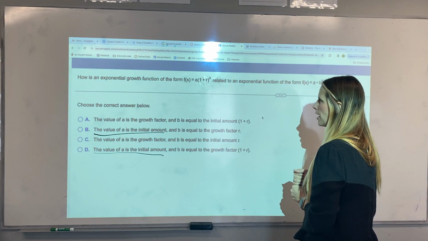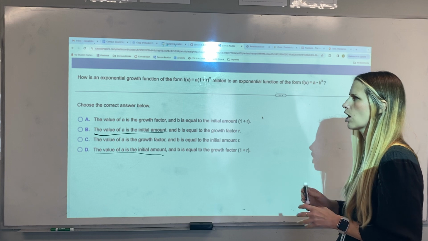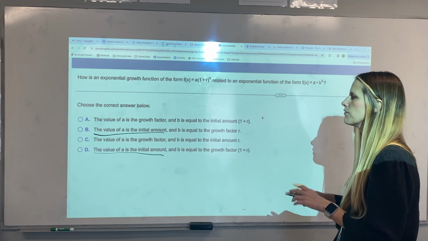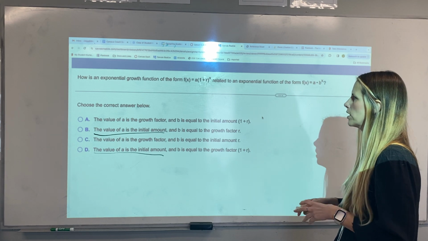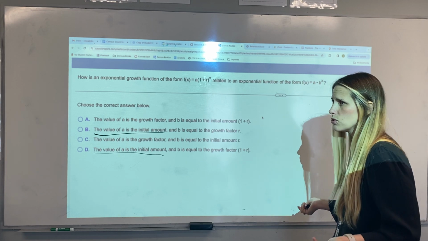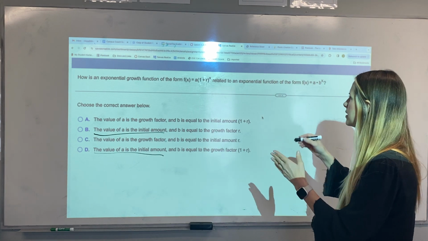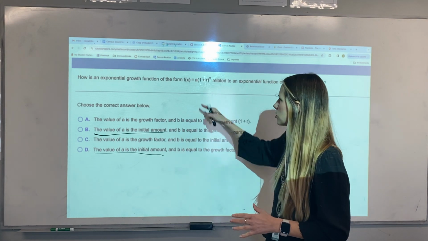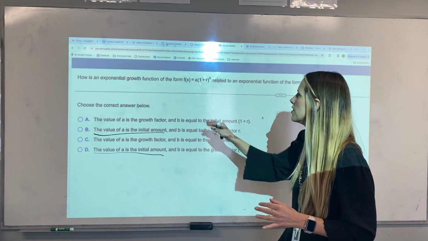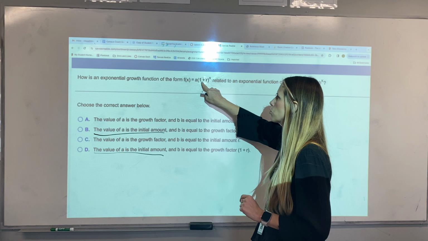This kind of question is really good to practice this understanding, like the language of these formulas, because it really helps us remember what they're used for, how they're used, why they're used. So it also helps us understand that these formulas are really the same thing. This one's just much more specific for exponential growth.